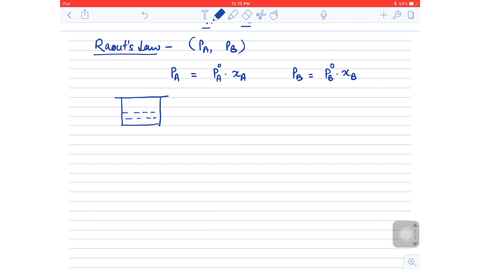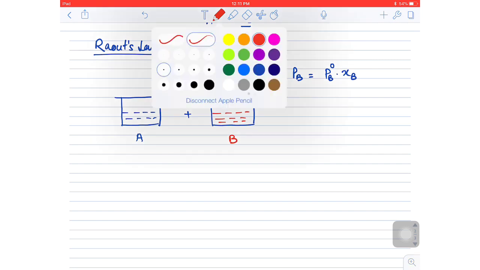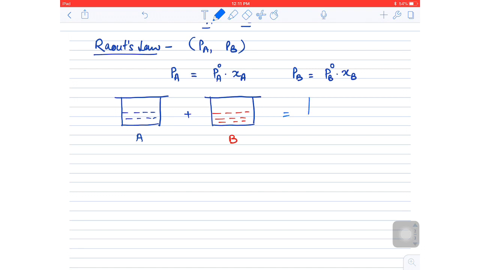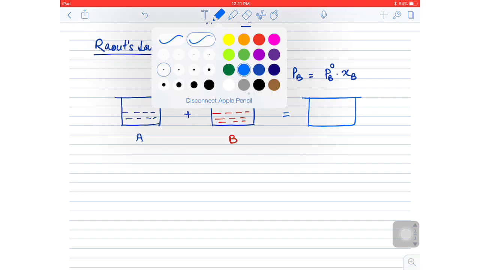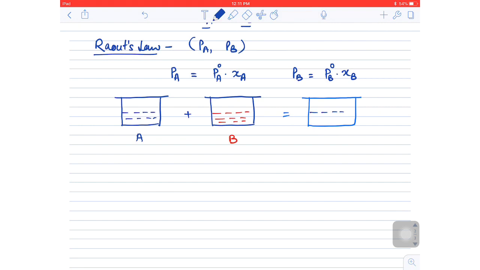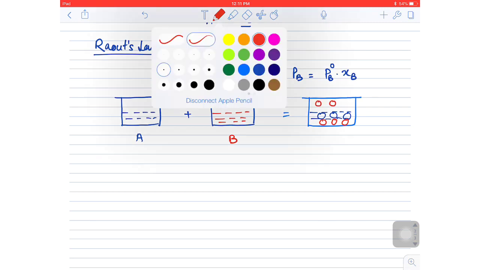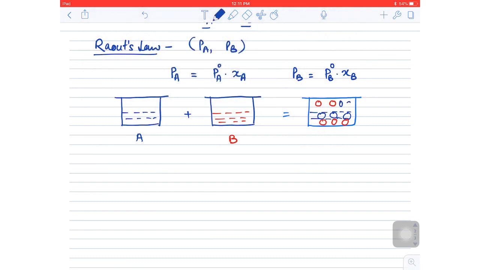Suppose this is our liquid A and this is our liquid B. On mixing, we get our solution, which will contain liquid A as well as liquid B. So there will be red colored vapors as well as blue colored vapors.